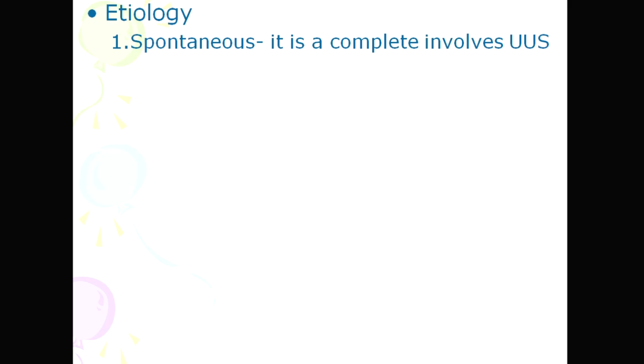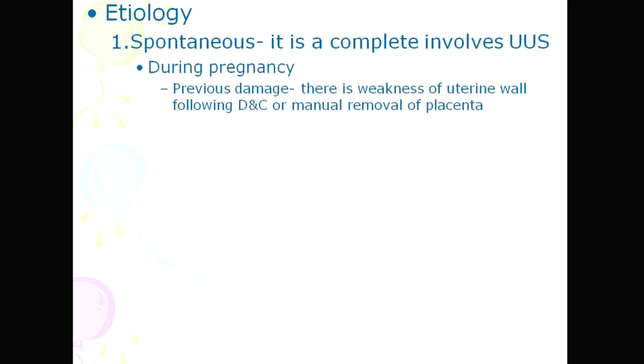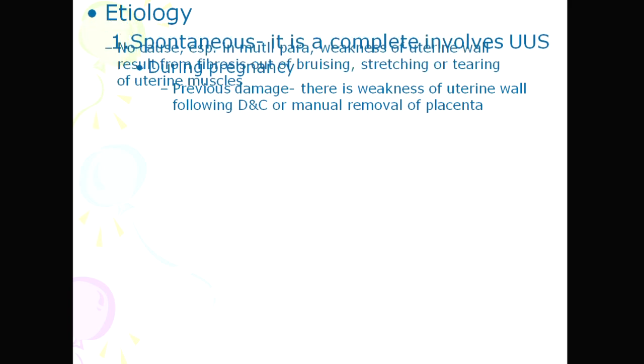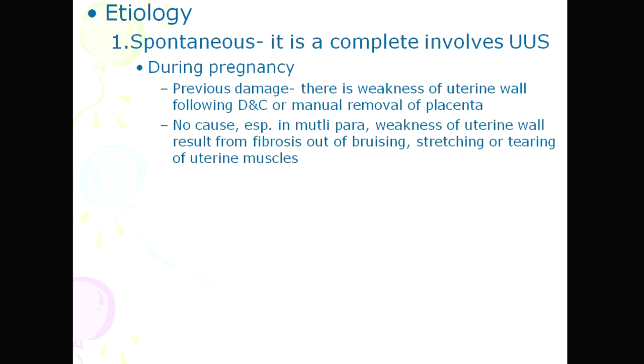Etiology: it can be either spontaneous. It is complete and involves the upper uterine segment. Spontaneous can occur during pregnancy, from previous damage, that is, a weakness of the uterine wall following D&C or manual removal of the placenta. Sometimes there will be no cause, especially in case of multiparity.